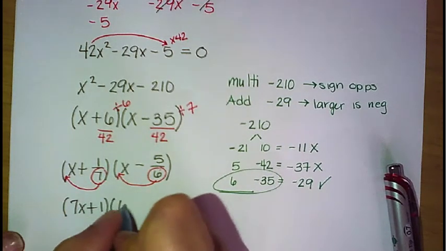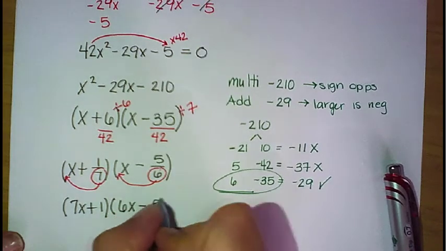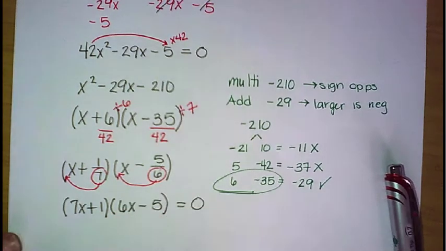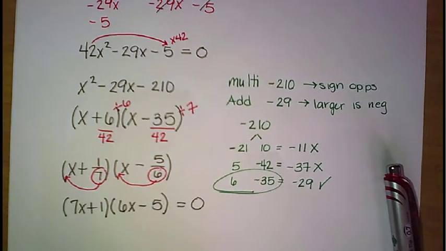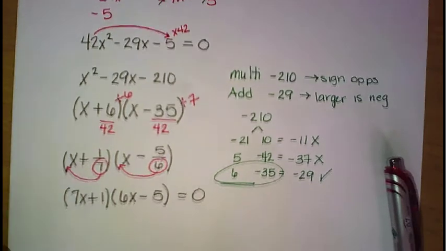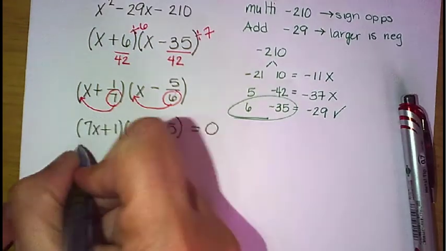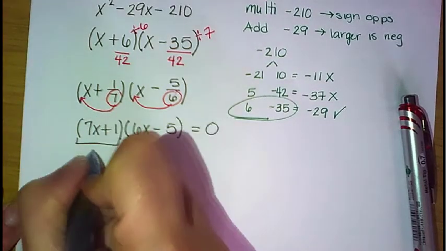So remember, what we're going to do is we're going to take each factor, so the 7x plus 1, and we're going to set that equal to 0. And then we're going to take the 6x minus 5 and do the same thing. 6x minus 5 equals 0. And then all we have to do is solve each one of these equations.